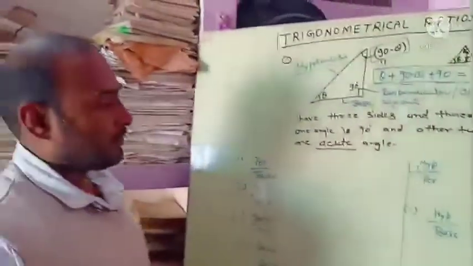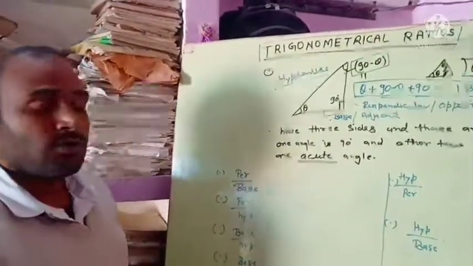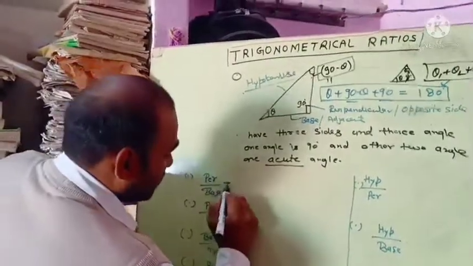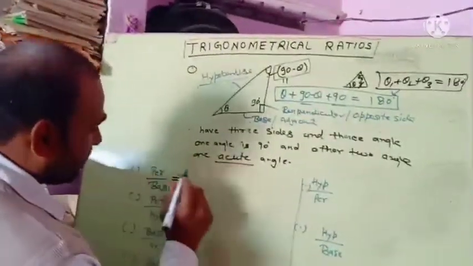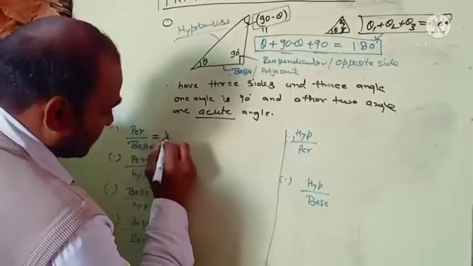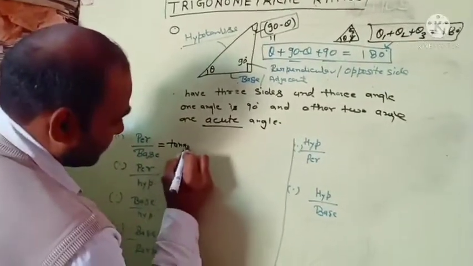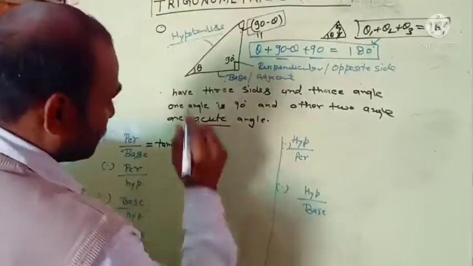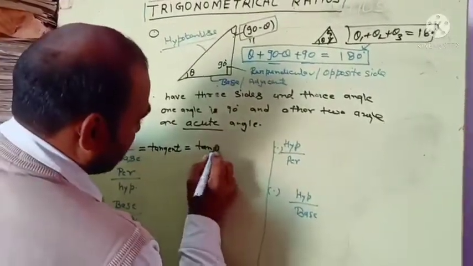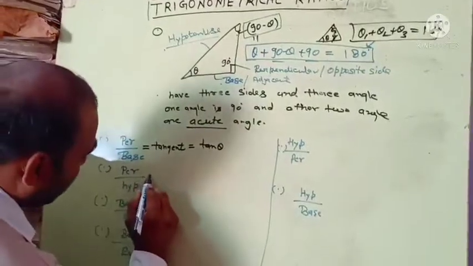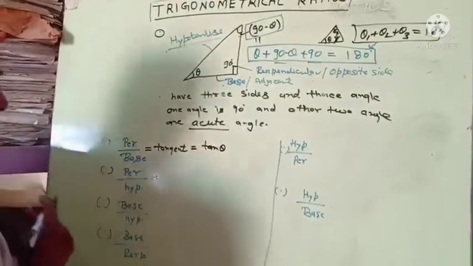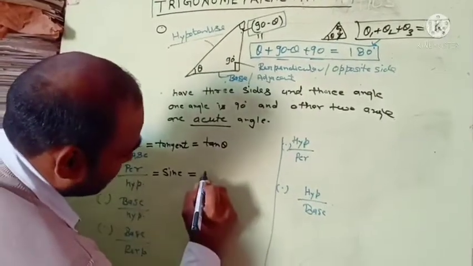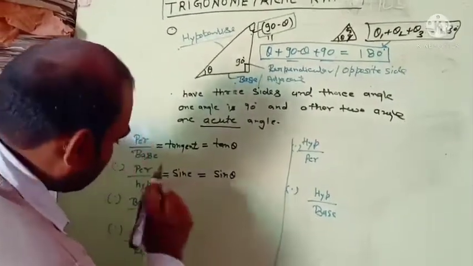That ratio is called a trigonometrical ratio. Perpendicular upon base is called tangent, with respect to theta, tan theta, and perpendicular upon hypotenuse is called sine with respect to theta, sin theta.